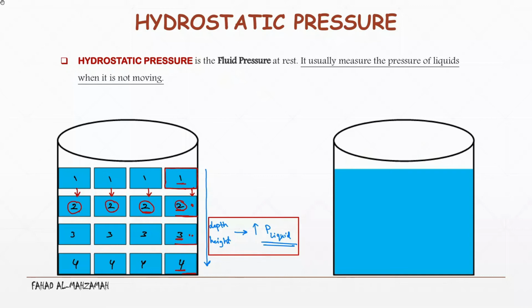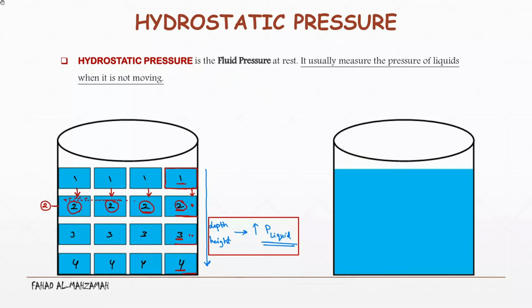So if I am at point 2, all the points along point 2 have the same pressure. So this and this and this and all the molecules along this specific height have exactly the same pressure. So in a horizontal line for the liquid, we will have the same pressure. In a vertical line for the liquid, as we go down, the pressure increases.